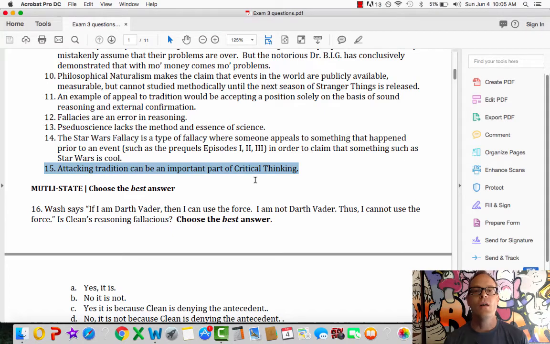We don't know, but sometimes tradition is a good thing. It may be that we just don't know why the tradition did so well. But it's still true that attacking tradition can be an important part of critical thinking. But at the end of the day, it doesn't mean that we throw that tradition away. In many cases, the traditions are around for a reason.